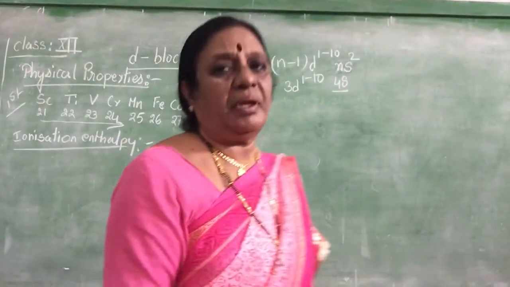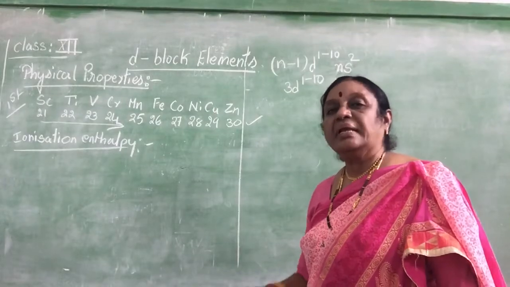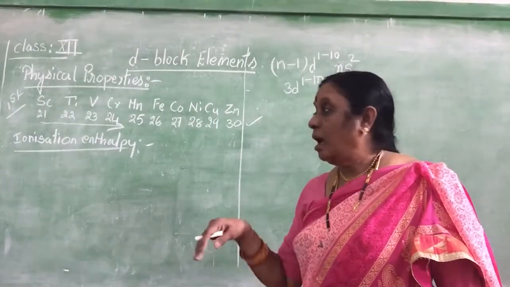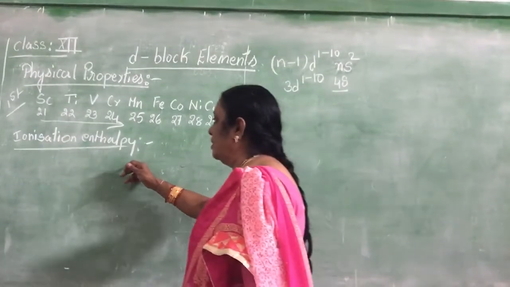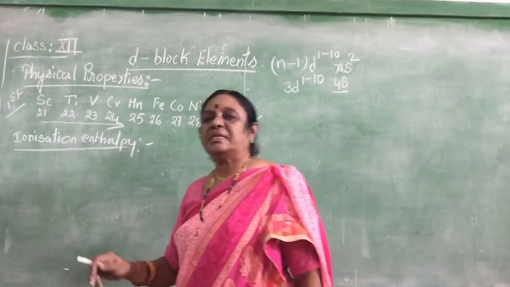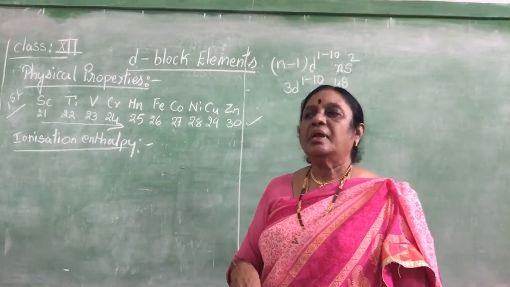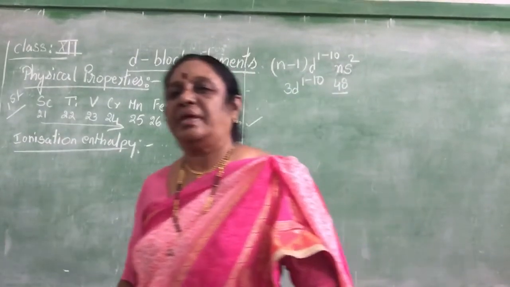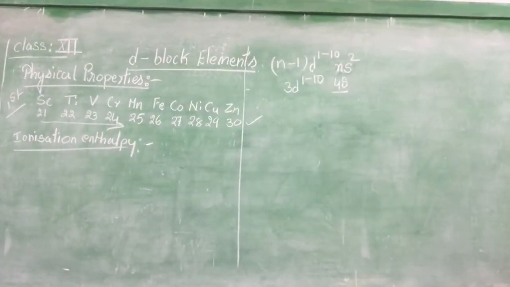The next point is ionization enthalpy. Ionization enthalpy depends upon the atomic size. Size decreases, ionization enthalpy increases. So ionization enthalpy is inversely proportional to the atomic size. Now children, there are variations in the ionization enthalpy.